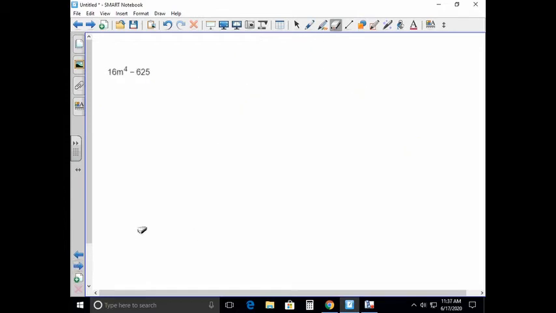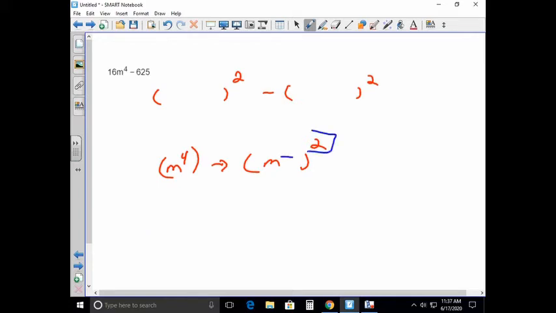Now let's look at this one. We don't see something to the second power. We don't see x to the second or m to the second here. But this still is a difference of squares. If we have m to the fourth, and we want to write that as something squared, remember if we have an exponent here and an exponent here, the way those get combined is they get multiplied together.